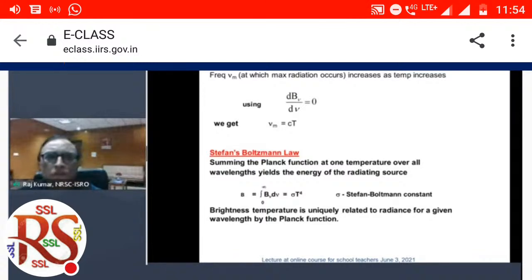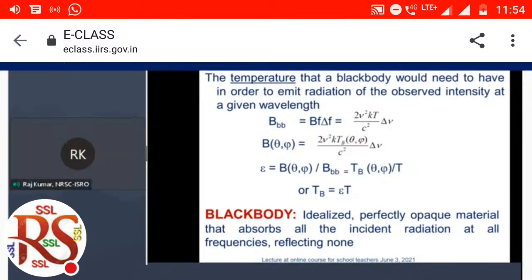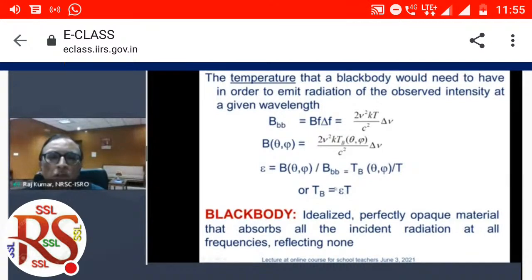Brightness temperature, I'll just briefly say, because nothing is a black body. A black body is a perfect body where everything is absorbed, 100%, and the same is emitted, 100% emission. But nothing is a black body. So it depends upon the emissivity, epsilon, of the particular target or type of matter, and the actual temperature of it.